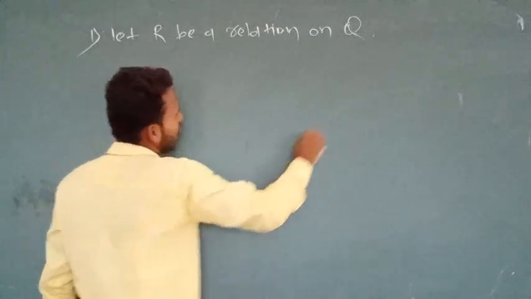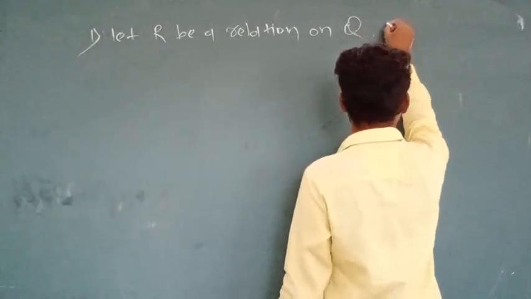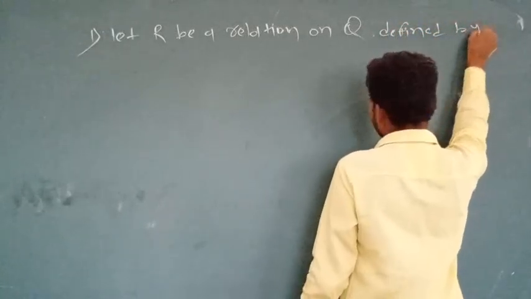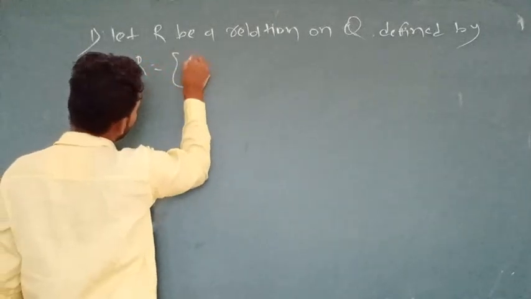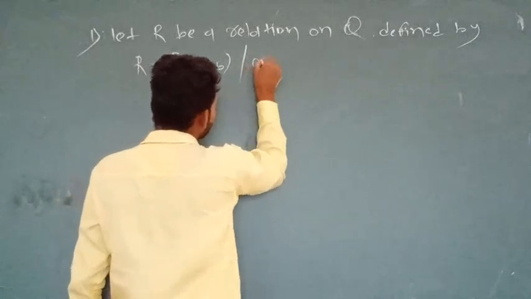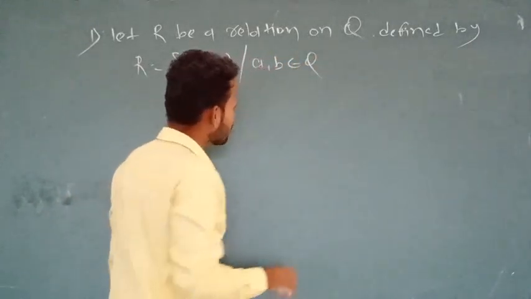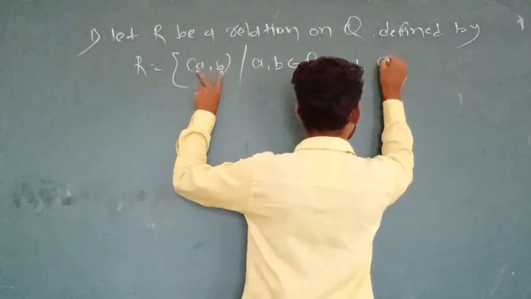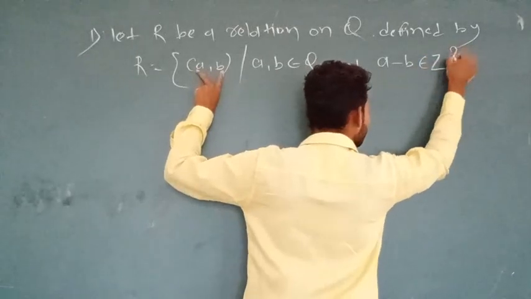Let R be a relation on Q defined by R equal to the set containing all ordered pairs (a, b) such that a and b belong to the set of rational numbers Q, and one more condition: the subtraction a minus b belongs to Z, the set of integers.